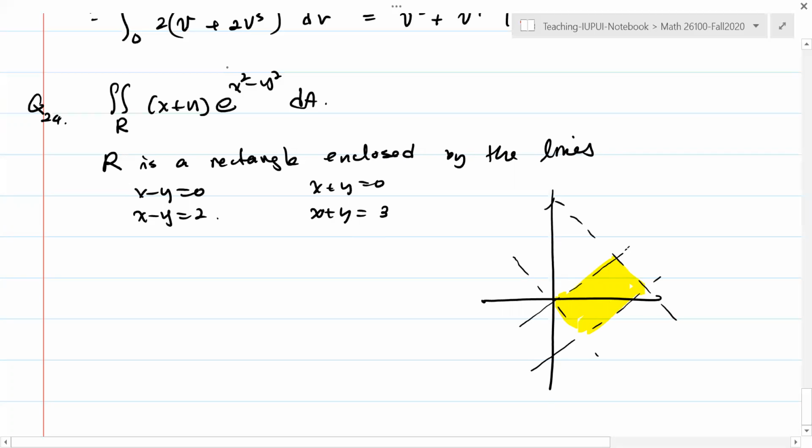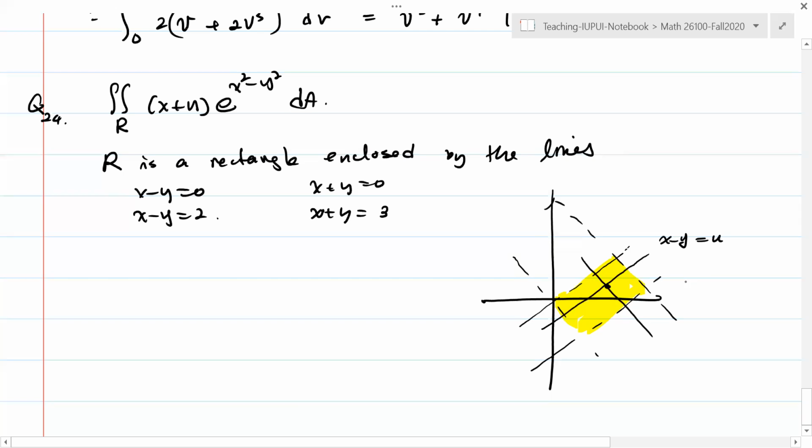Now, the good part is the transformation is easy to find out. Why? Because for an arbitrary point, this could be the intersection of these two lines. This line will be x minus y, let's call it u.